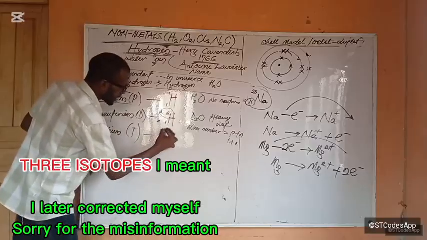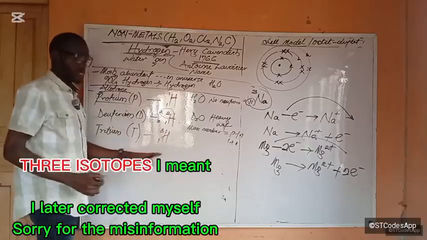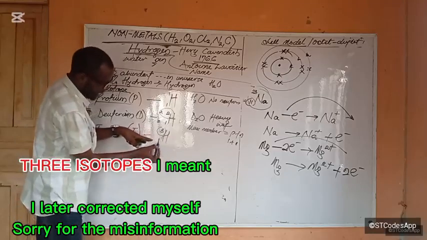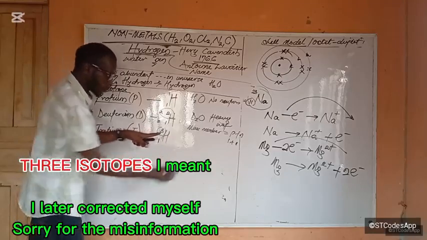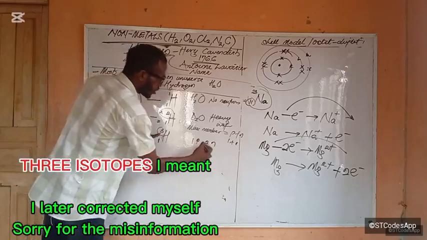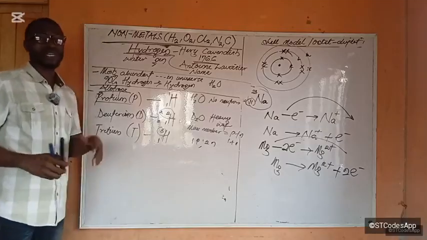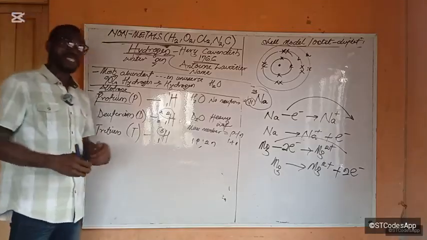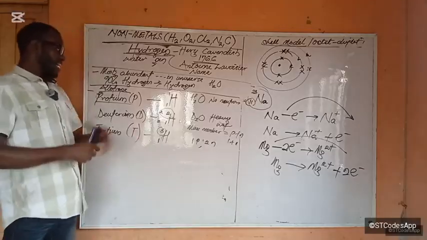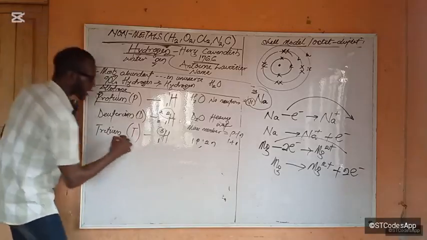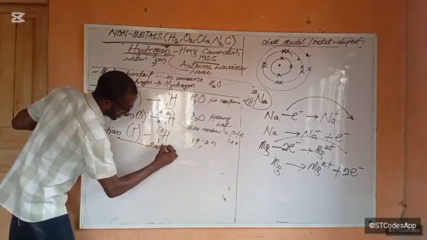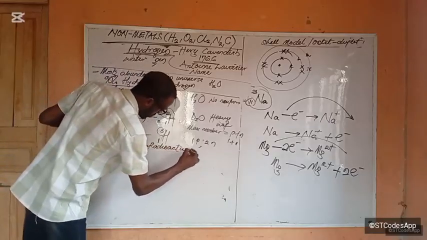Then tritium, the nuclide looks like this. It's going to have what? Since you are seeing 1 proton here, it has 1 proton but 2 neutrons. Is that clear? 1 proton, 2 neutrons. See my video on nuclear chemistry and physics to understand better, because this guy is unstable and radioactive.